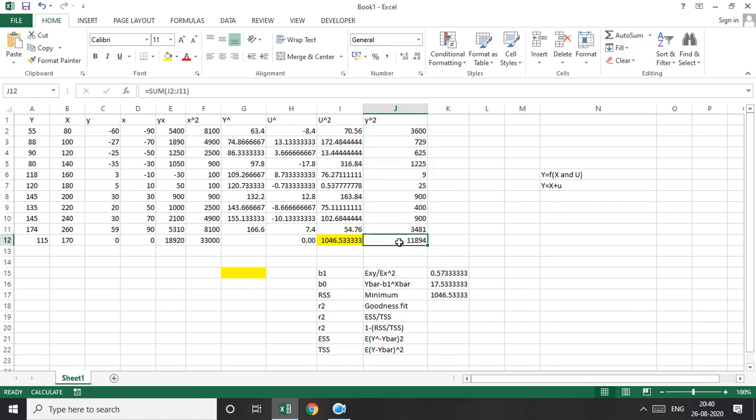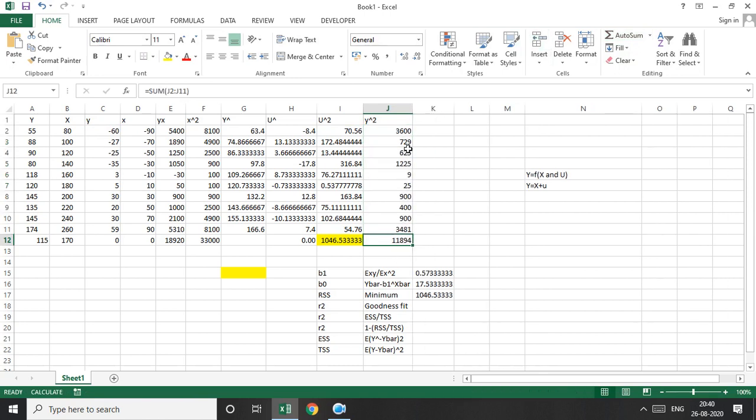Yes, you have got 11,8994. So this is your TSS, total sum of squares, or total deviation, or deviation in the dependent variable from its average.